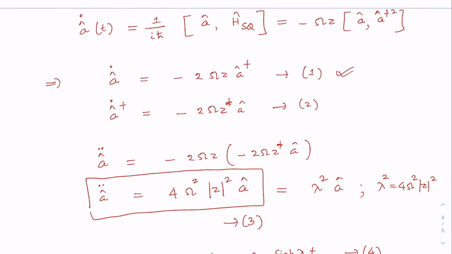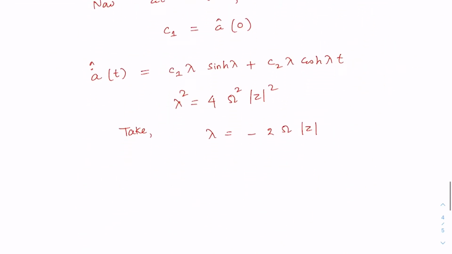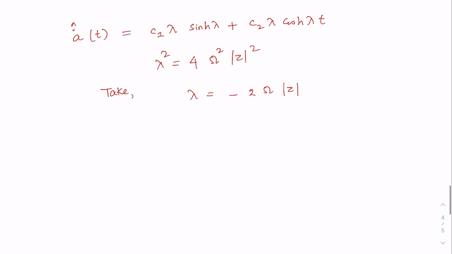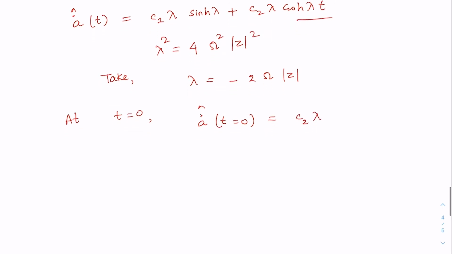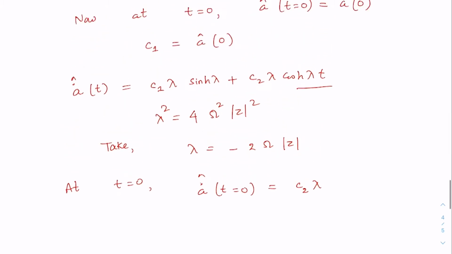Okay, that's the reason I have taken it like this. And therefore now at t is equal to 0, I have a dot at t is equal to 0 would be simply, from this equation, c2 of lambda, and then I can easily work out from equation 1.